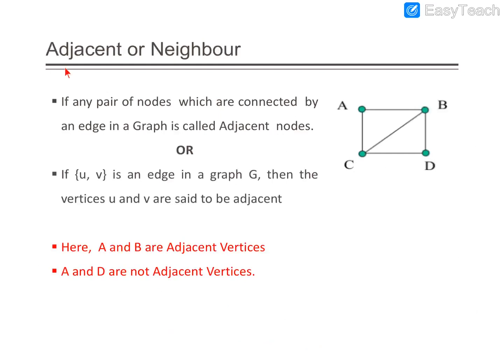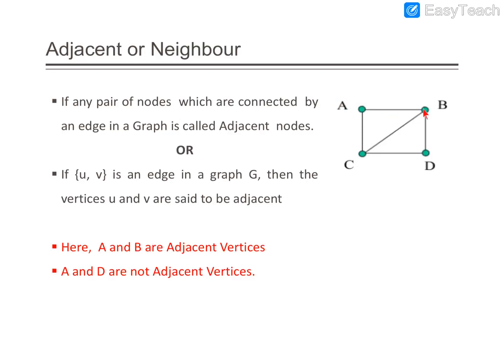Now what is adjacent or neighbor? Any pair of nodes which are connected by an edge in a graph are called adjacent nodes, or if UV is an edge in a graph G, then the vertices U and V are said to be adjacent. So in a given graph, here the vertices A and B are connected through an edge.